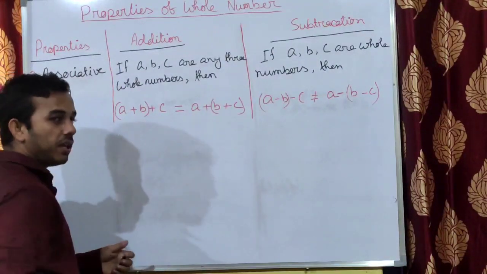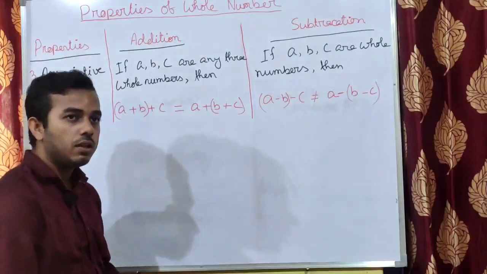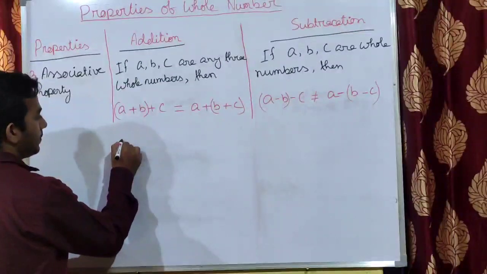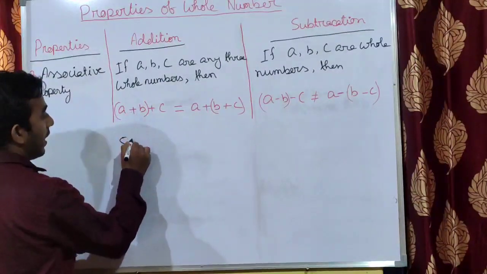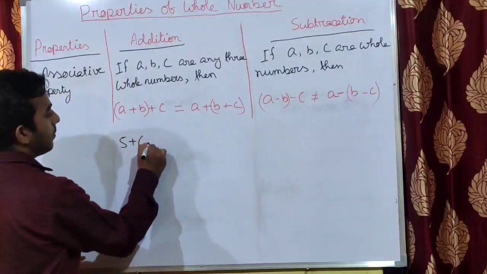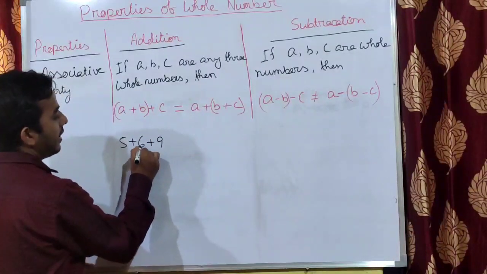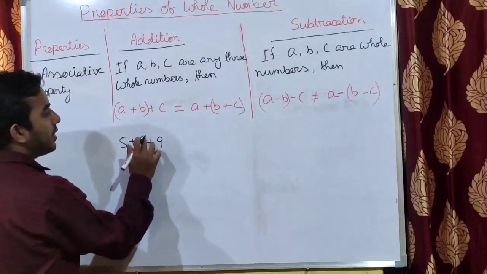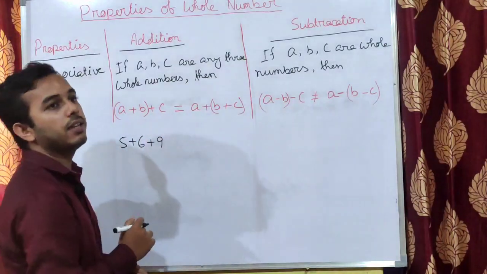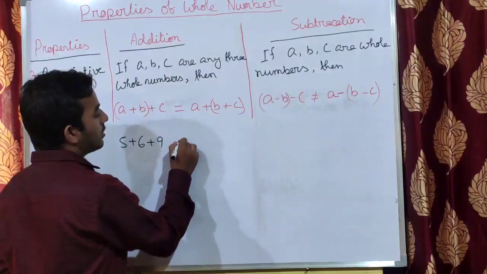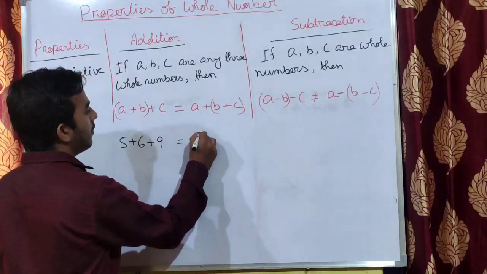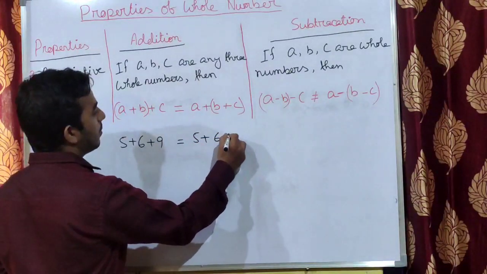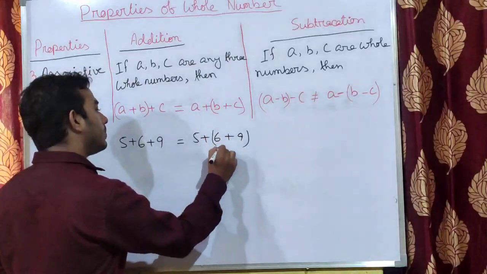Let us take any three whole numbers, for example, 5 plus 6 plus 9. That is, A is 5, B is 6, C is 9. Then equal sign. Then here also 5 plus 6 plus 9.